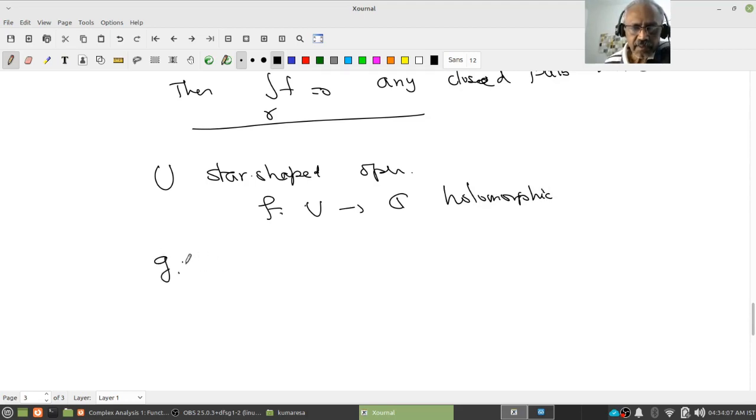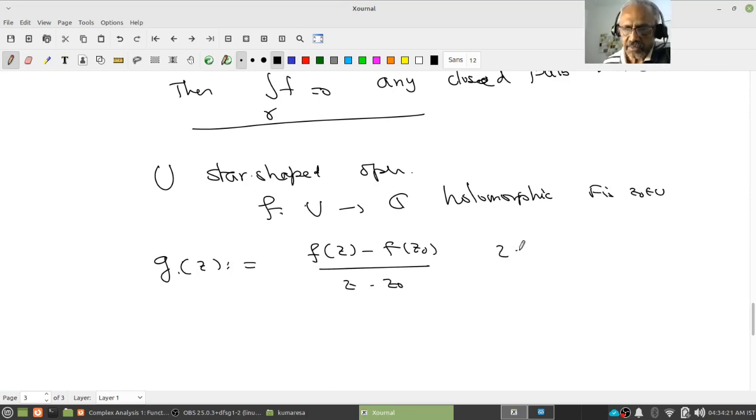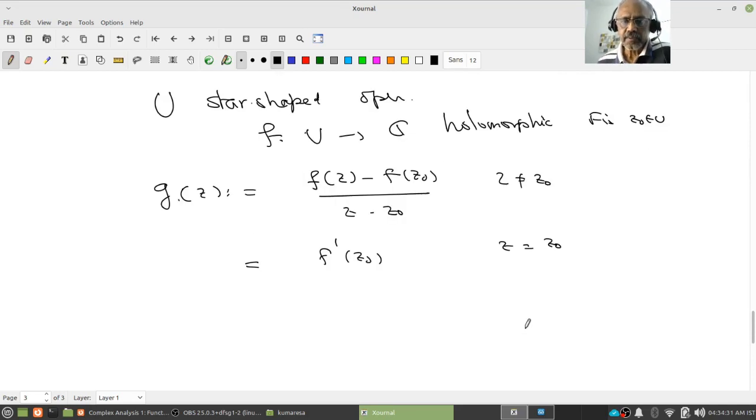Fix z naught in U. Then g of z equals f of z minus f of z naught, divided by z minus z naught, for z not equal to z naught, and equals f dash of z naught if z equals z naught.